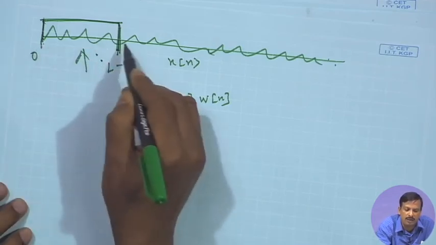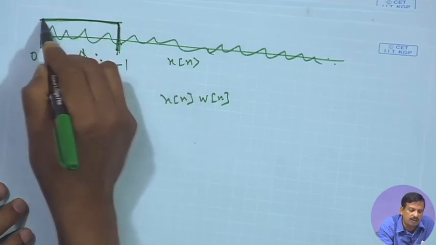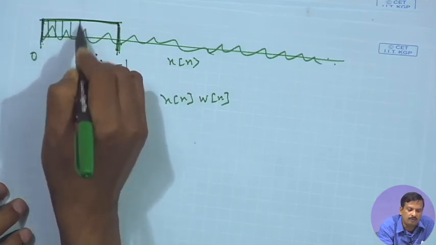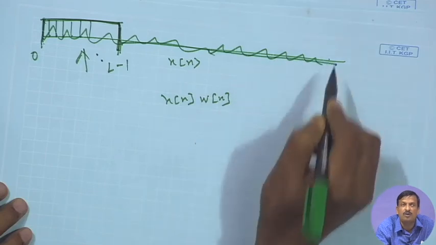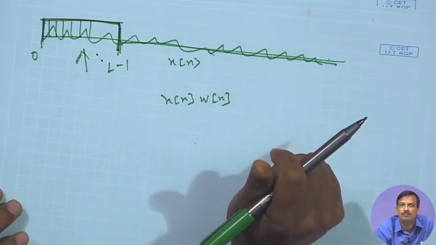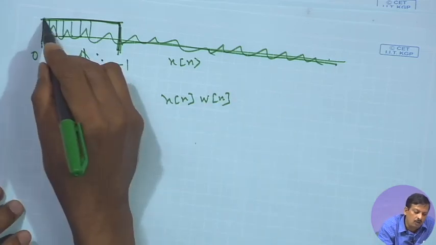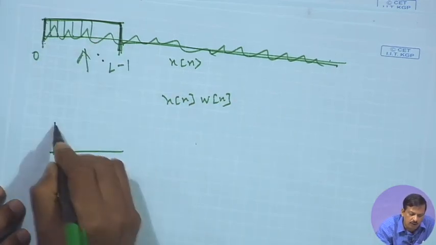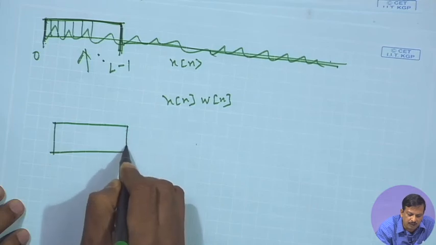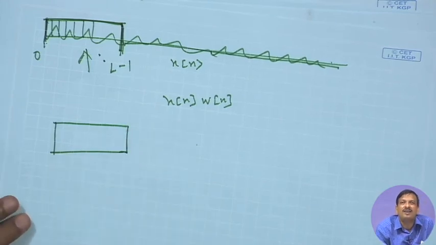The window function is a square, amplitude is 1, and after that its amplitude is 0. That is the window function. If it is this type of window, I am not multiplying the signal with any shaping function, and this is called the rectangular window.